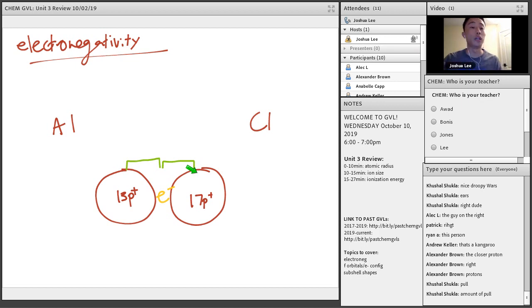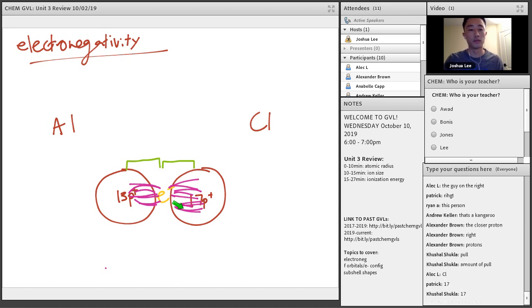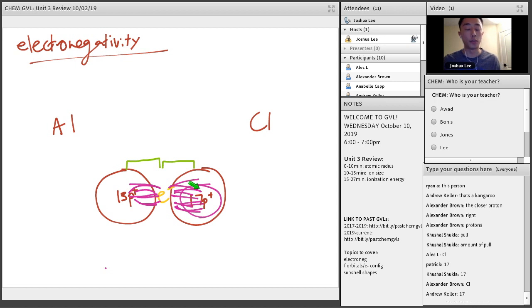So now you're just looking at the number of protons pulling on that electron. You have 13 protons trying to pull this electron, but then you have 17 protons pulling on this electron. Which one will do a better job at taking that electron? Chlorine, because there's 17.